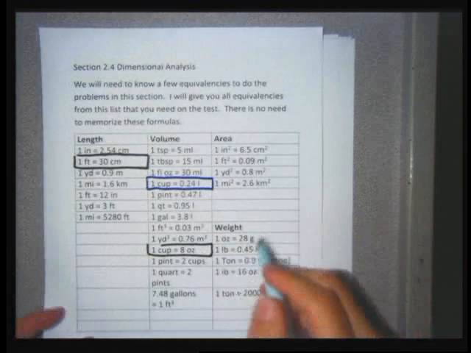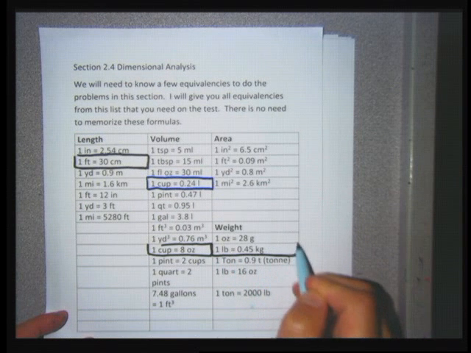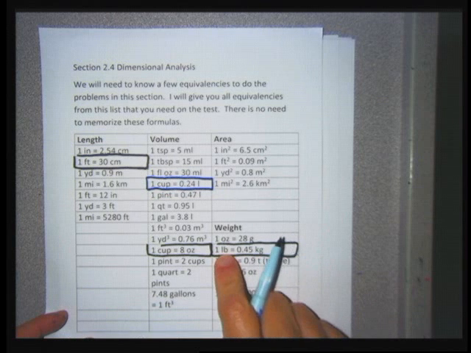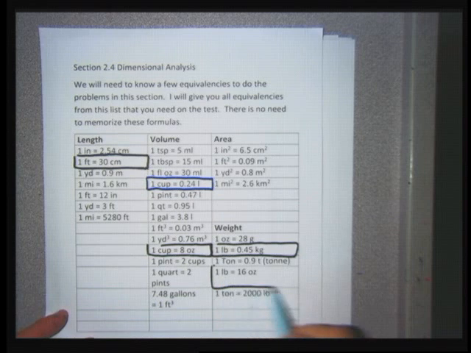Okay, so 17 and 18, we're going from kilograms to ounces, which is weight. And unfortunately, the only relationship with kilograms will take me to pounds. So I'm going to do this with 2 fractions. The first fraction is going to convert from kilograms to pounds, and then the second fraction I'm going to convert from pounds to ounces.